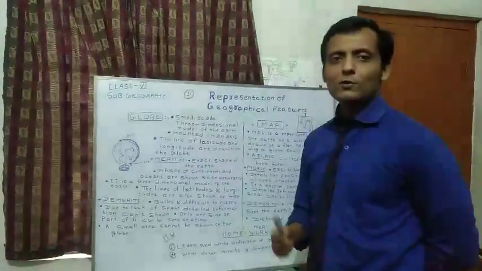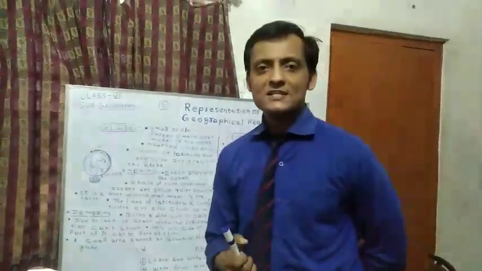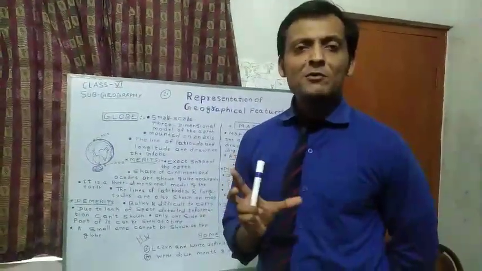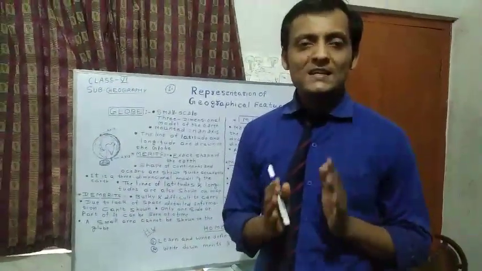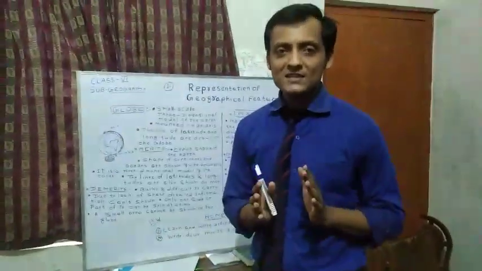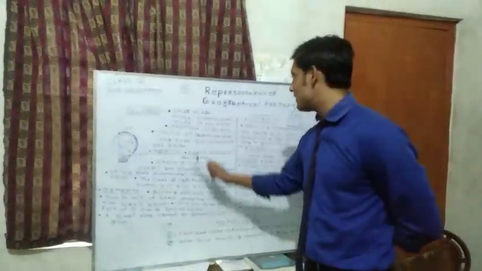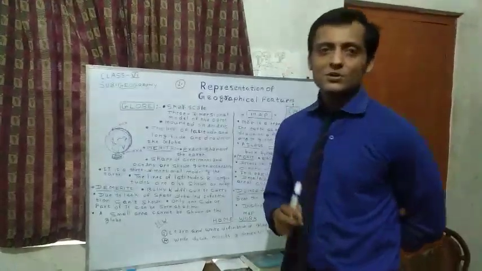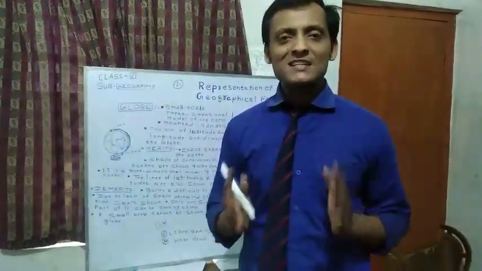Now let me define the globe. A globe is a small scale, three-dimensional model of the Earth. First let me explain what a small scale is. When you represent a large area in a small space, it is called a small scale. Now let me explain what three-dimensional is.